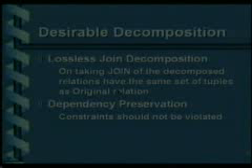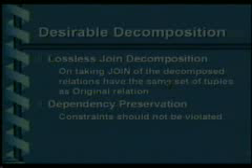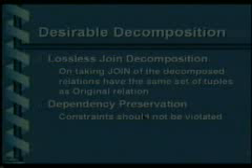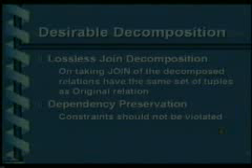That is, if we can join those three relations again, we will get back the original relation. Try it. Dependency preservation. Constraints should not be violated. All the constraints were actually presented in the dependency diagram, and we are not violating any of those constraints.